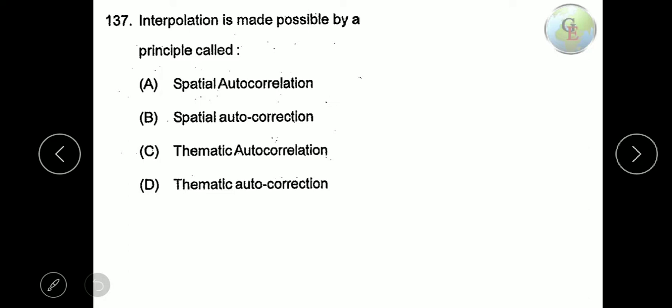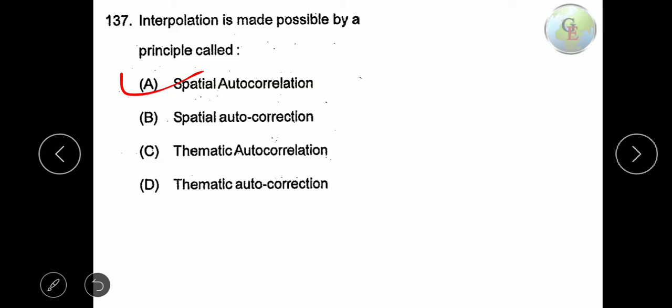Next question: interpolation is made possible by the principle called spatial autocorrelation, spatial autocorrection, thematic autocorrelation, thematic autocorrection. What is interpolation?